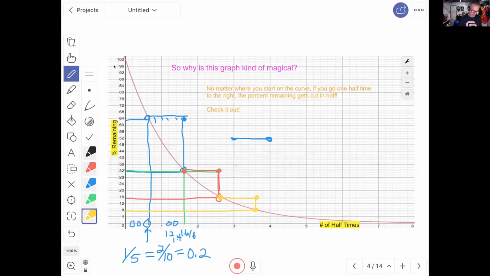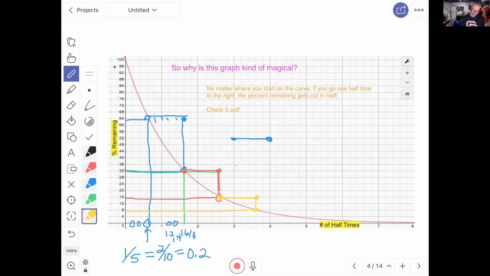So basically what this curve does is it follows the line that corresponds to how far you go down the percentages so that it's half every time you go another half-time. Okay? So this is called a decay curve.